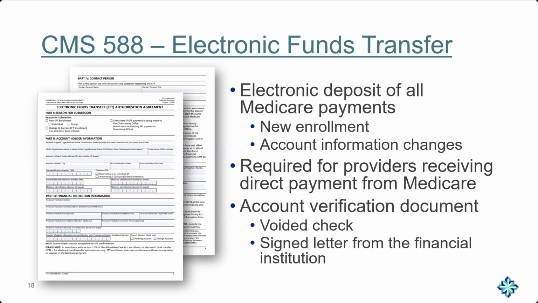It can be a teller, it can be a president of a branch, but it does need to be documentation saying that yes, this is a valid account, this is where the money needs to go. Couple of things to keep in mind: starter checks, anything where you're handwriting things, that does not qualify as verification because it's got to be something from the bank, printed up or signed by the bank, confirming that information to make sure we're sending it to the appropriate place.